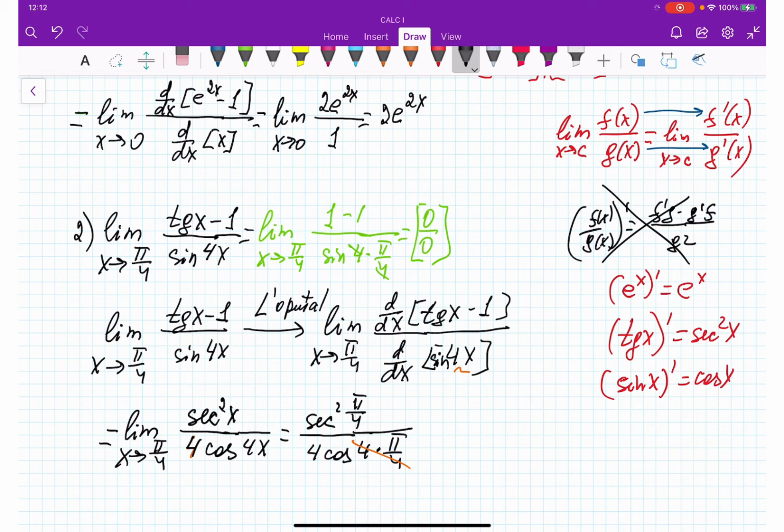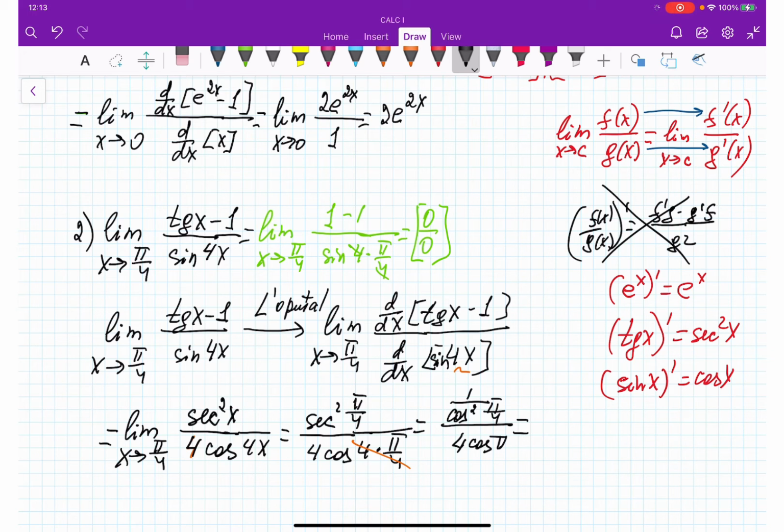Secant squared pi over 4 is 1 over, since let's assume I don't remember how much it is, and nobody is obligated to know, but as long as you know sine, cosine, everything else, tangent, cotangent, secant, cosecant can be calculated. So it's exactly what I'm doing. I'm dividing 1 over cosine squared pi over 4, right? Because secant is 1 over cosine pi over 4, and here will be 4 cosine pi.